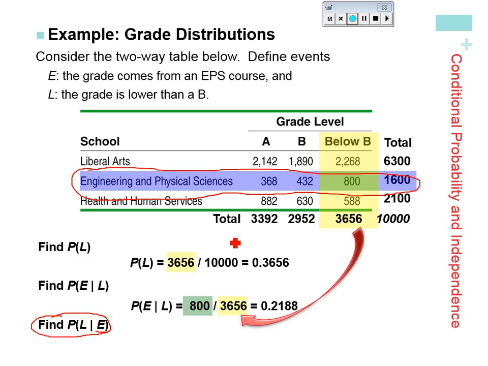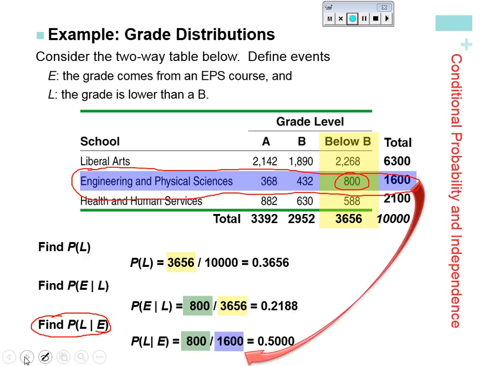So if we were to find the probability that someone has a grade that's lower than a B for this group, we would say that the probability for that would be 800 out of 1600. So just notice with these last two parts here that the total is no longer out of 10,000. The total is restricted to whatever group of people we're talking about in the second part of this conditional probability.